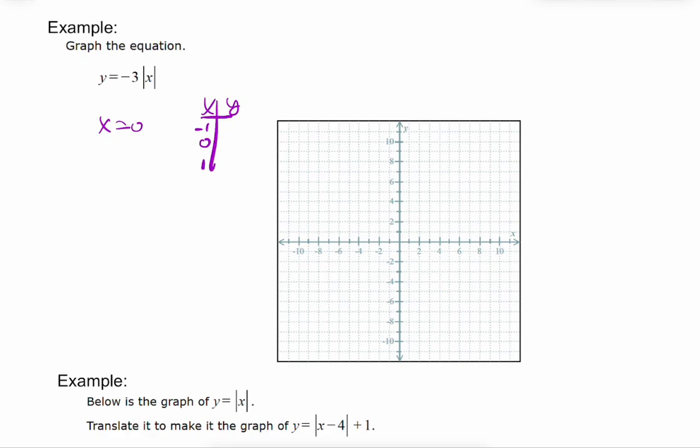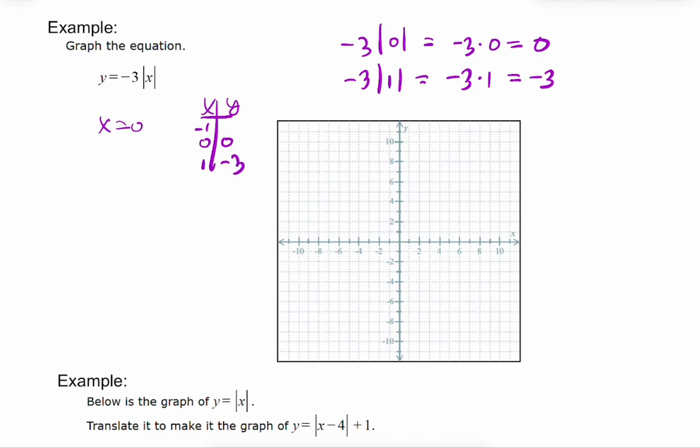If you plug in 0, you get -3 times the absolute value of 0, which is -3 times 0, or 0. Let's plug in 1. You get -3 times the absolute value of 1, which is just -3 times 1, or -3. Now, if we did it right, when we plug in -1, we should get the same thing.